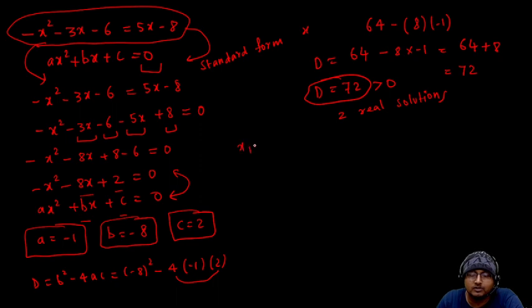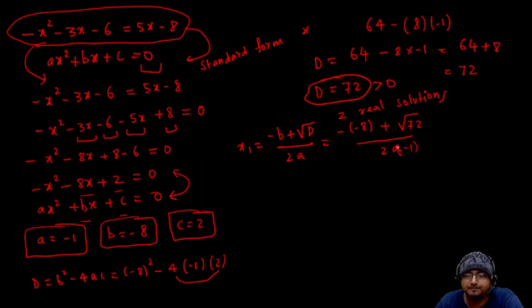So x1 is equals to how much? Minus b plus under root d by 2a. Minus of minus 8 plus root 72, divided by 2a. What is a? Minus 1.